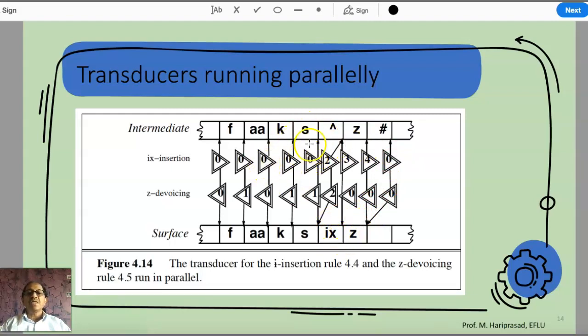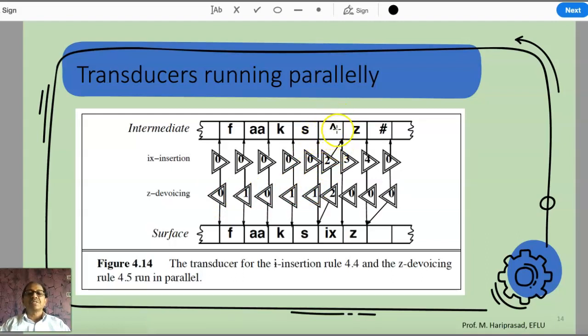But suppose it is not fox, but here you have some other sound like t. t is a voiceless sound. So what happens? Your e insertion rule will not apply. Then what applies is only your z devoicing.